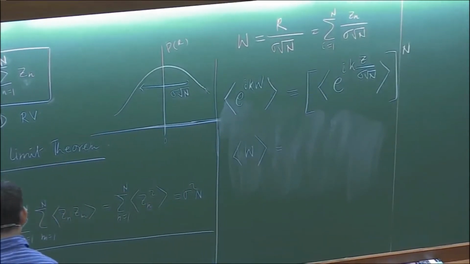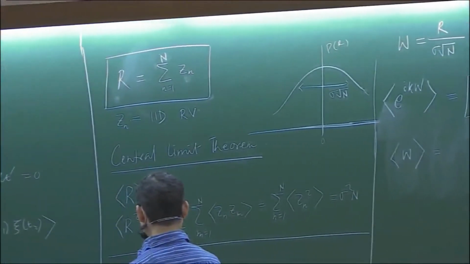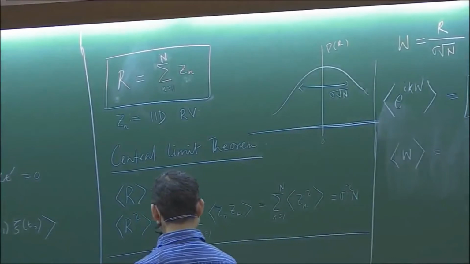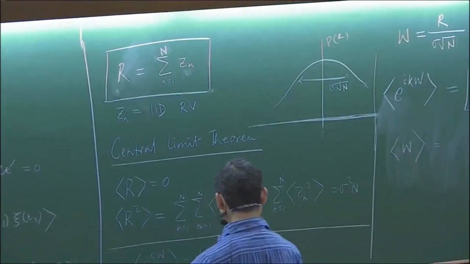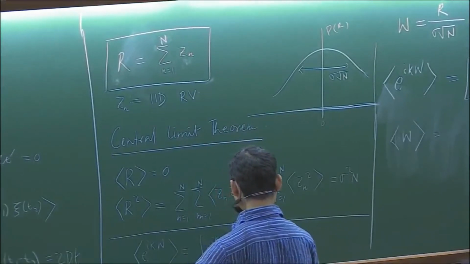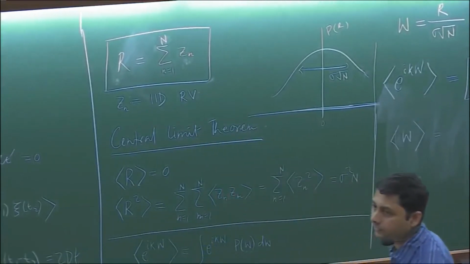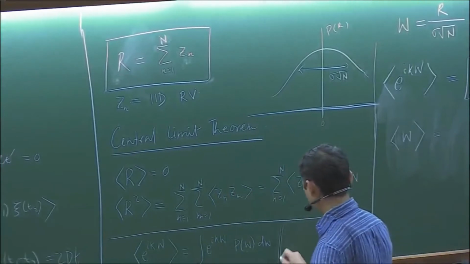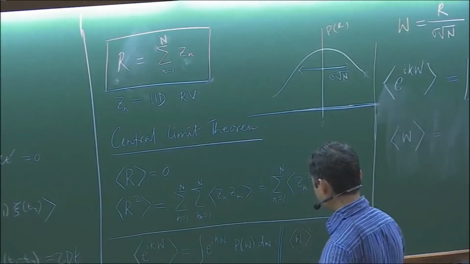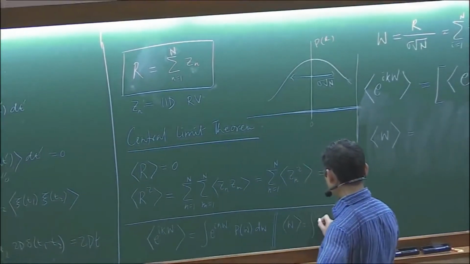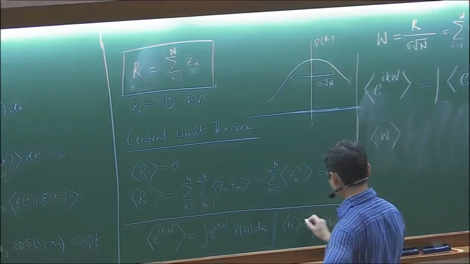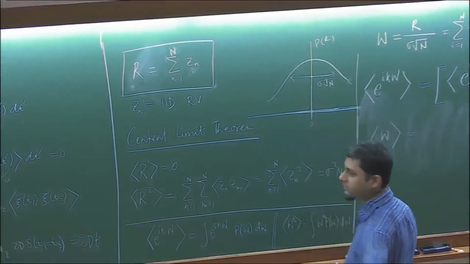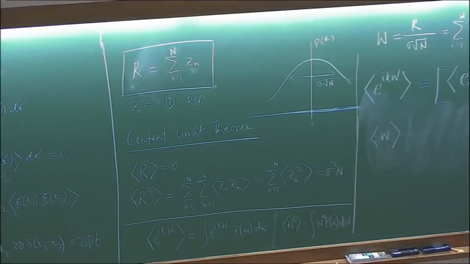This is e to the power i k W, for some random variable W. So this is the integral of e to the power i k W, P of W, dW. What is the mean, for example? The mean is defined by the integral of W P(W) dW. In fact, the nth moment is defined by this one.